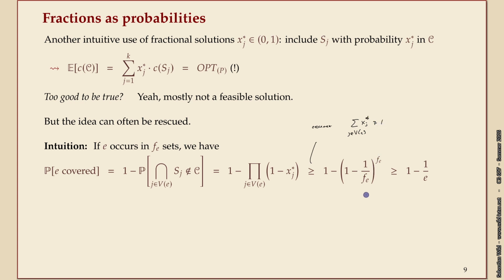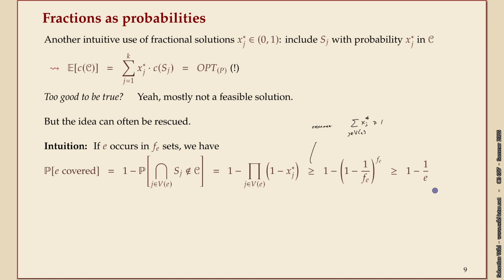To bound it like this, then this is an inequality we've seen many times before. This in the limit goes to 1/e, and for any finite value is below, kind of the repeated interest thing. So you can lower bound the probability that a specific element is covered if you just pick a random set cover candidate like this by at least some constant.